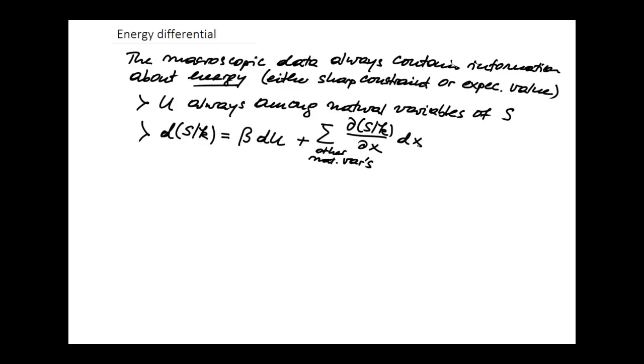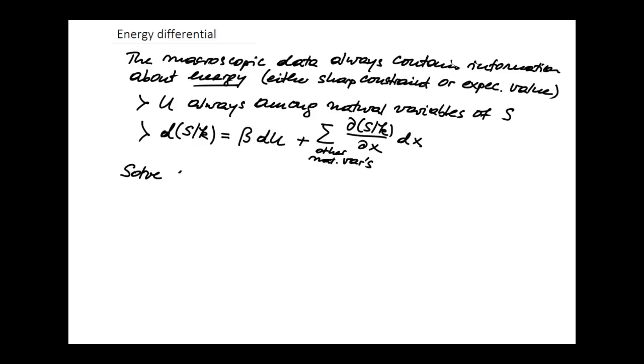And the x's may be of the type expectation value, control parameter, or macroscopic value, like the particle number given as a sharp constraint. So this is not specified, but this is the general structure of the entropy differential when the energy is amongst the natural variables.